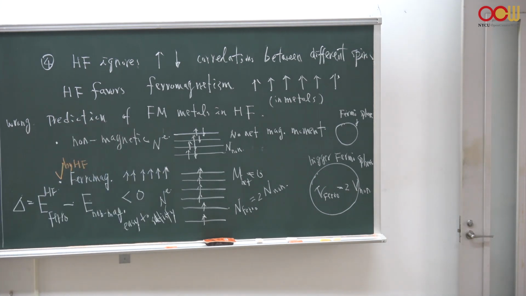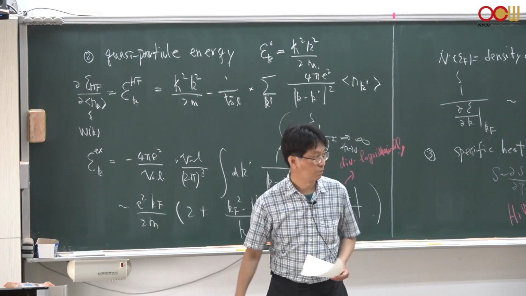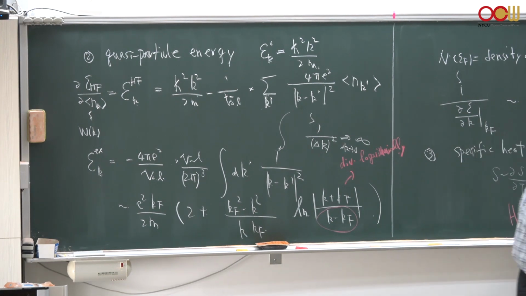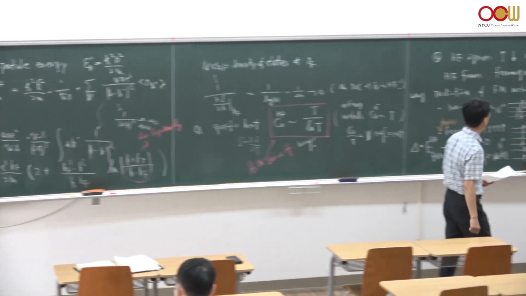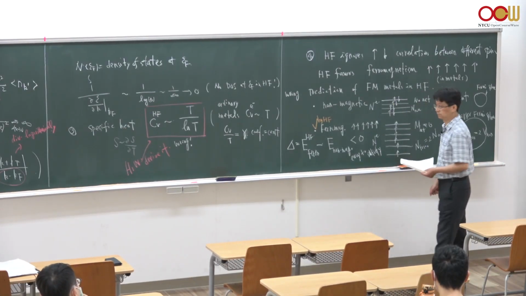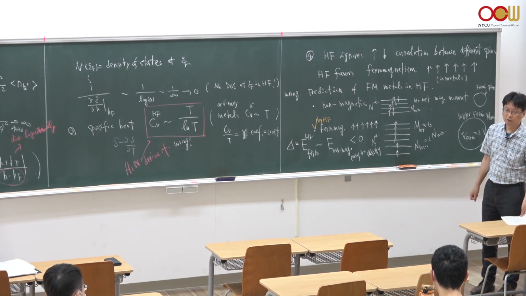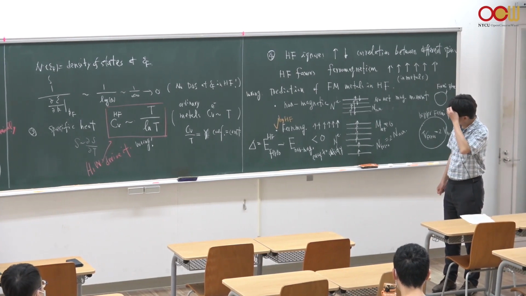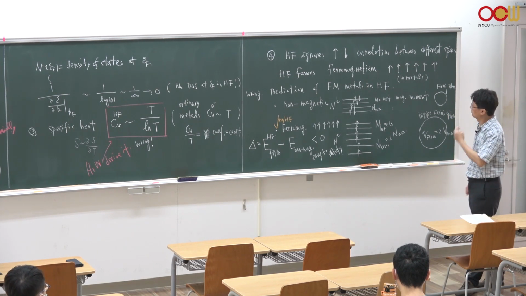Any questions? As you talked, if we include the spin-spin interaction, then it can recover this failure? Well, this is a good question. So suppose we include the spin-spin interaction, right?